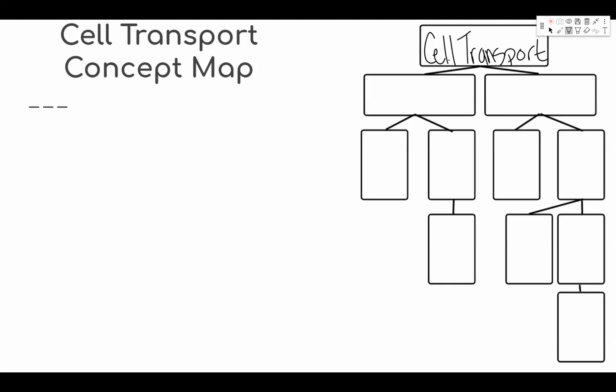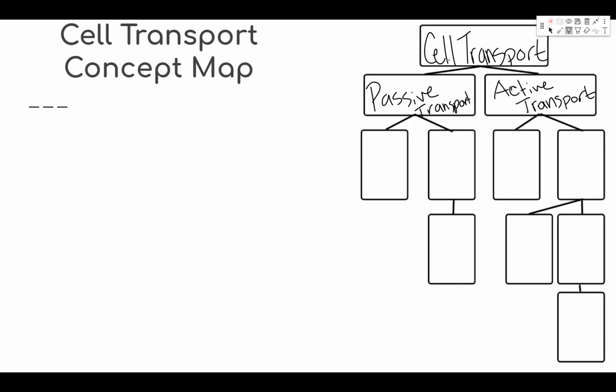What are they? Active and passive. So we have passive transport on the first one, and active transport. So all cell transport falls within these two categories.